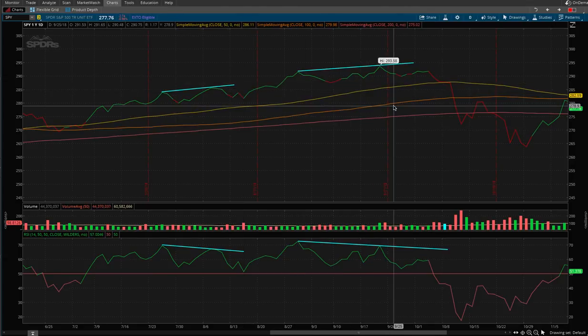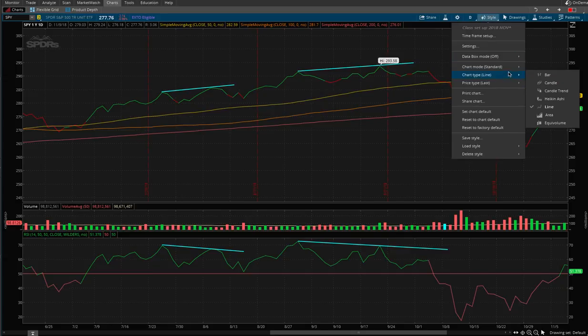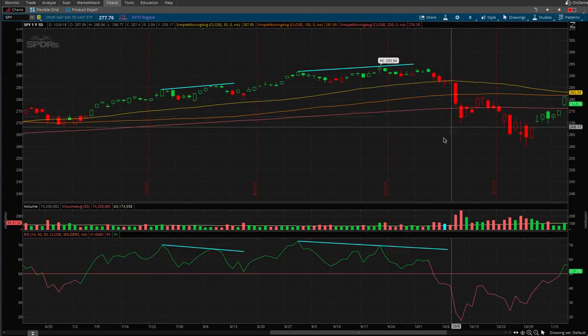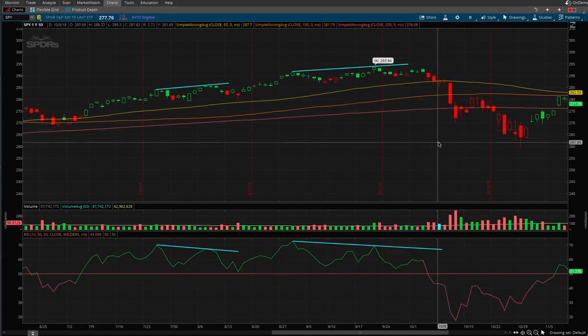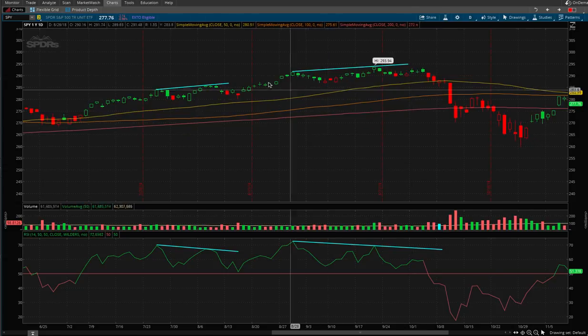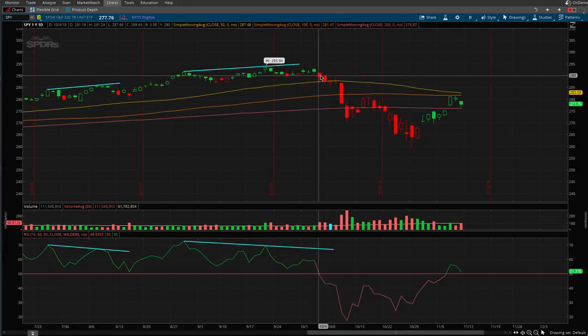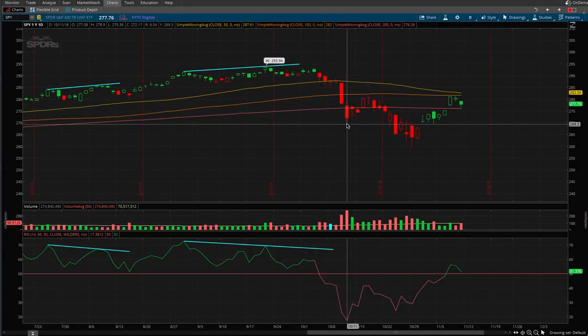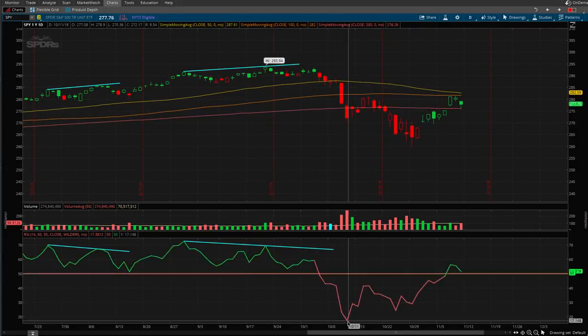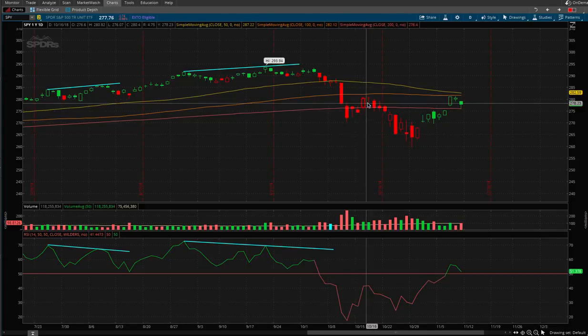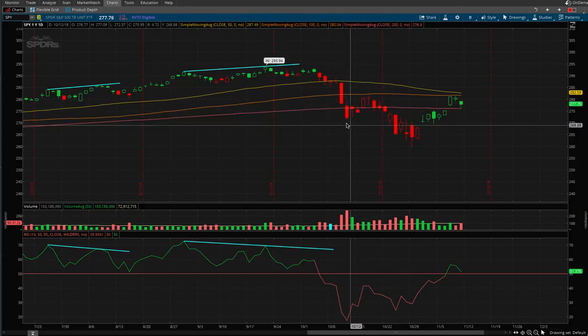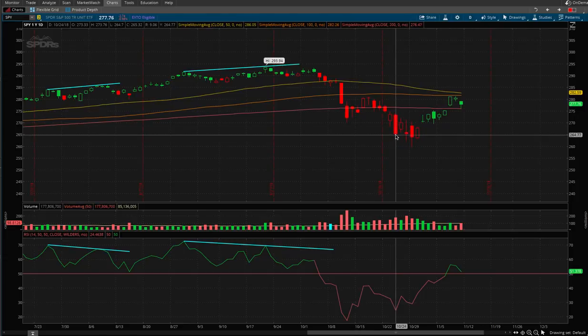Okay? Now if we come back to our candles, we could do that as well for not only the tops but also the bottoms. So here we have a low, okay, and we have a low here. Here we have a lower low than this low, right?